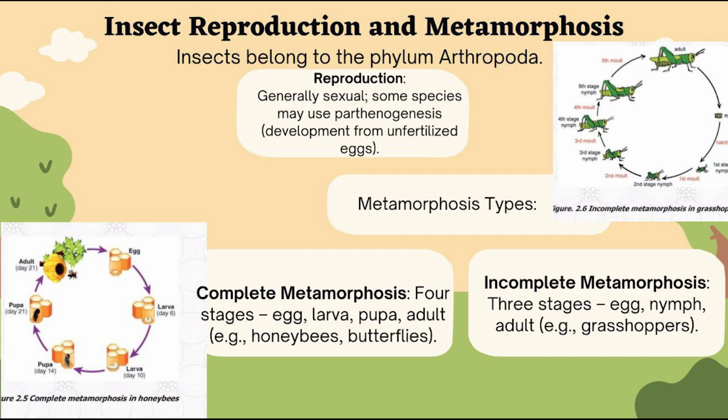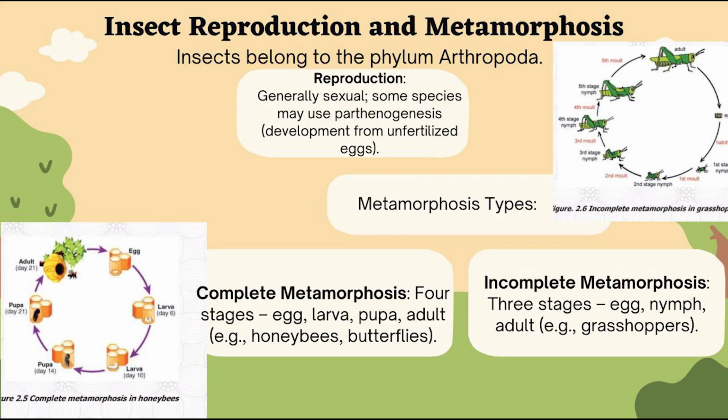They undergo two types of metamorphosis: complete and incomplete. Complete metamorphosis has stages like egg, larva, pupa, and adult, as seen in honeybees and butterflies, and incomplete metamorphosis involves egg, nymph, and adult stages, like in grasshoppers. Isn't it amazing how these teeny creatures transform?